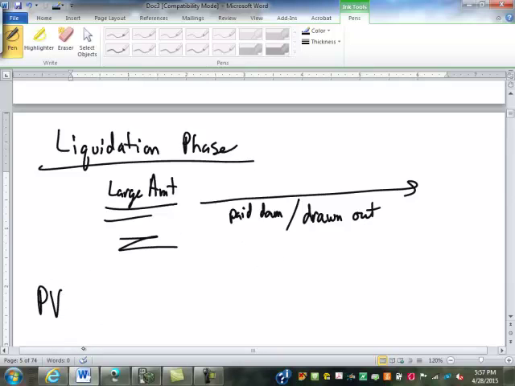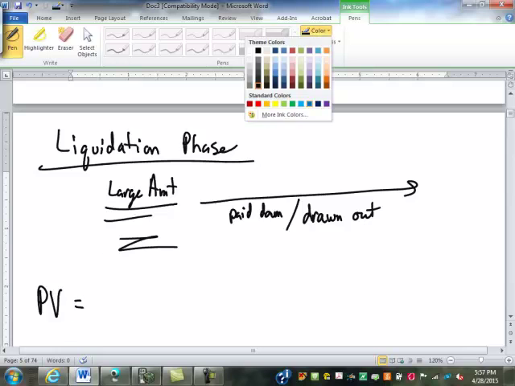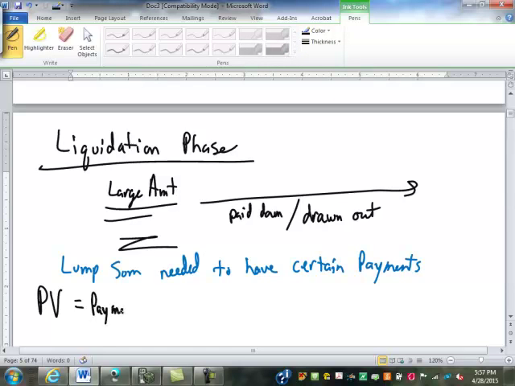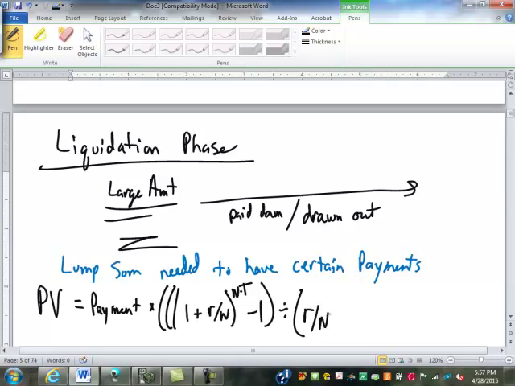If you want to know the present value, in other words, what lump sum is needed to have certain payments, the present value is the amount of your payments times open parenthesis, open parenthesis 1 plus r over n to the power of nt minus 1, close, divided by, open, r divided by n times 1 plus r divided by n, close, to the power of nt, close and close.